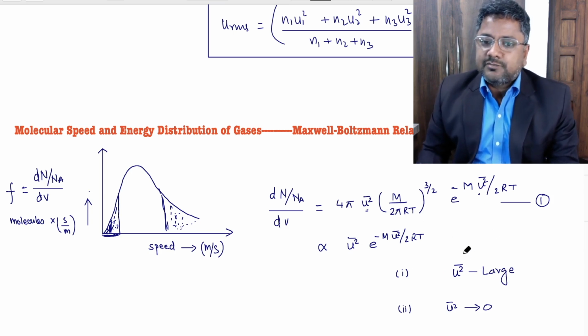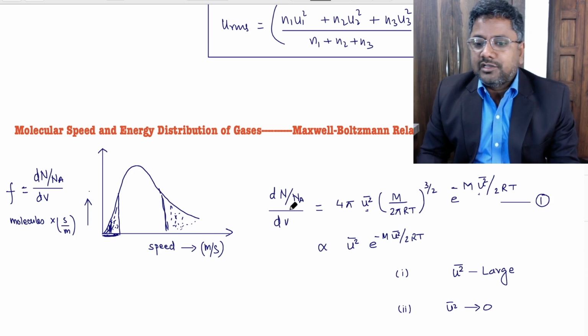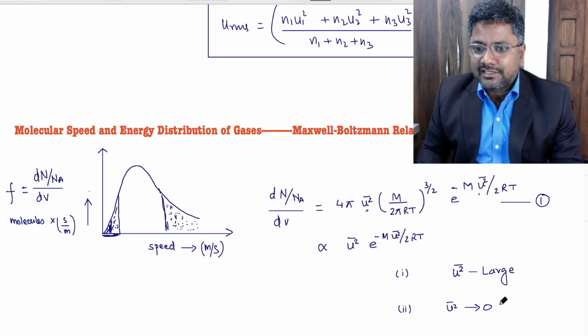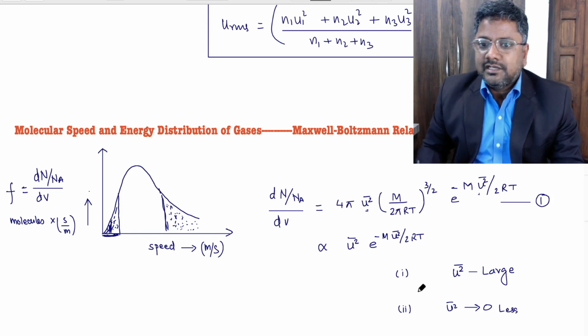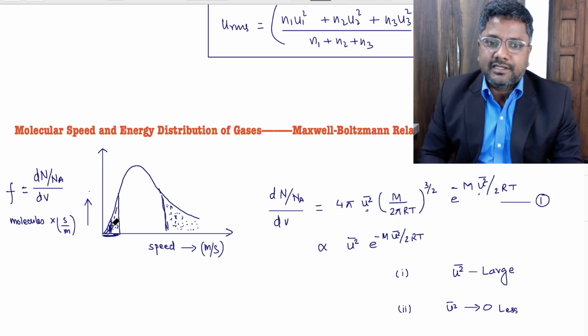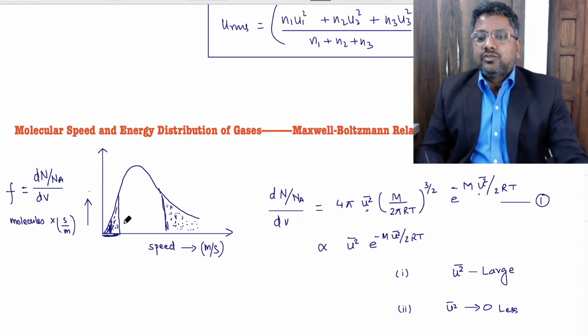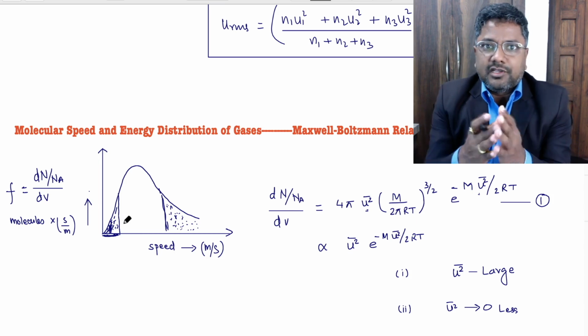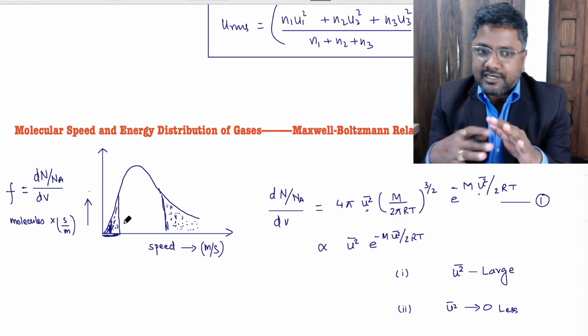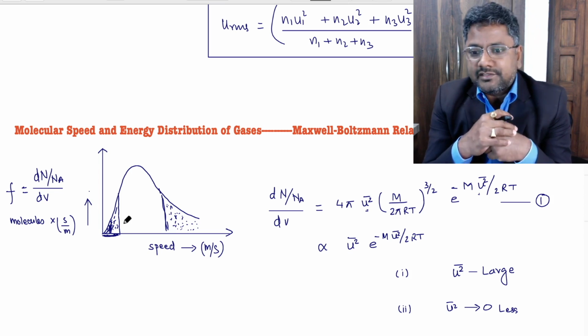So if the mean square speed is large, the fraction of molecules having unit speed is very less. So at a given temperature, a very small fraction of molecules have very low speed, a very small fraction of molecules have very high speed, and the maximum number of molecules have average speed.